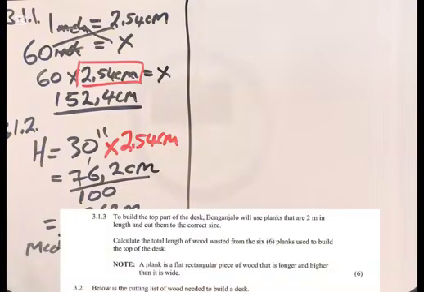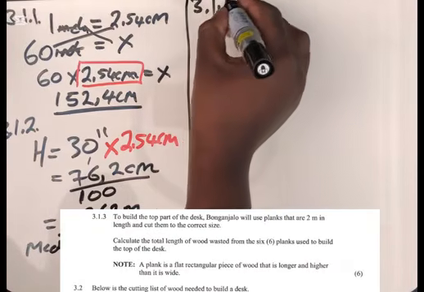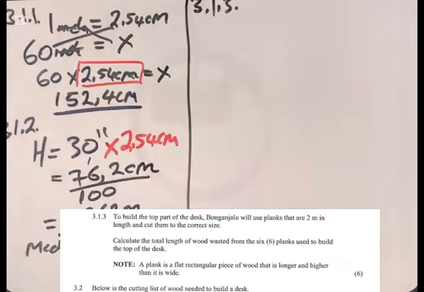Moving right along, we're going to 3.1.3. It says that to build the top part of the desk, Onjabulo will use planks that are 2 meters in length and cut them to the correct size.